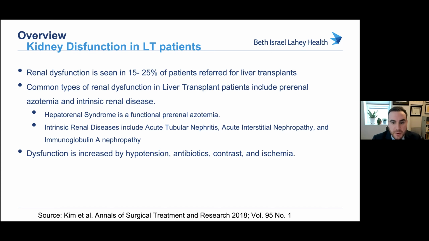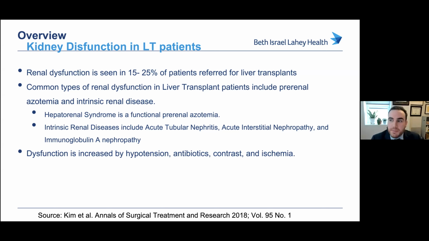In the liver transplant world, the most common types of renal dysfunction are pre-renal azotemia and intrinsic renal disease, hepatorenal syndrome being the pre-renal azotemia, and intrinsic renal diseases, ATN, AIN, immunoglobulin nephropathy. And when we see a lot of these patients and they present to us for liver transplant, oftentimes we're dealing with an acute on chronic kidney dysfunction.